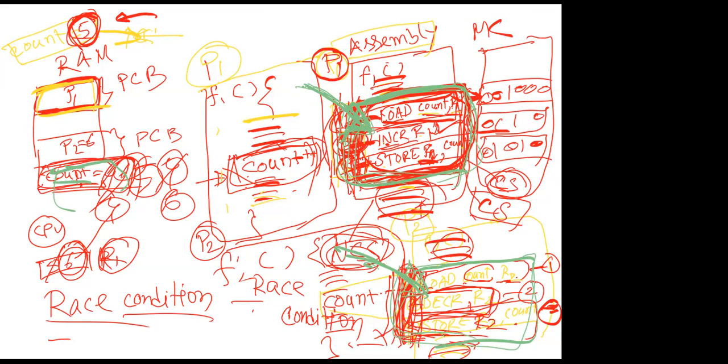Another thing that is perfectly true is that if a process is inside this critical section, then another process can execute its non-critical section. It is completely fine. You need to understand that both processes cannot execute the critical section at the same time.